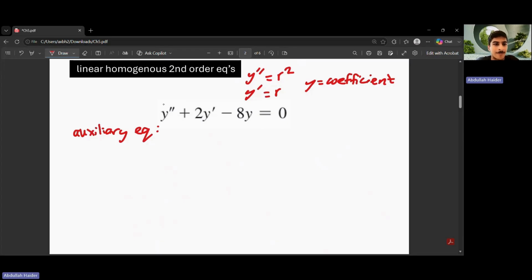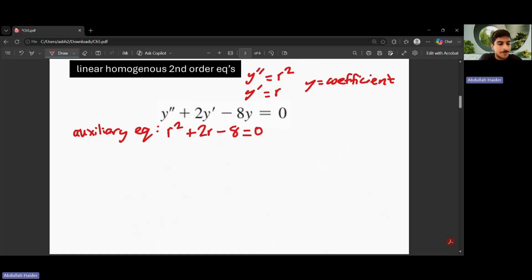So if I write this, it would be r squared plus 2r minus 8 is equal to 0.